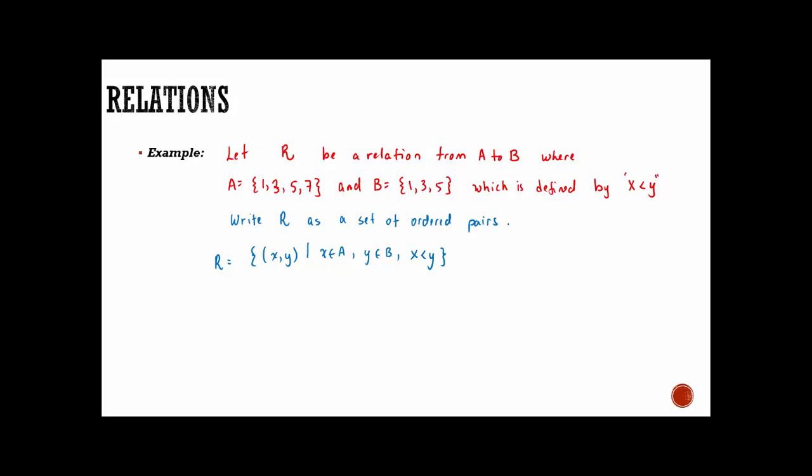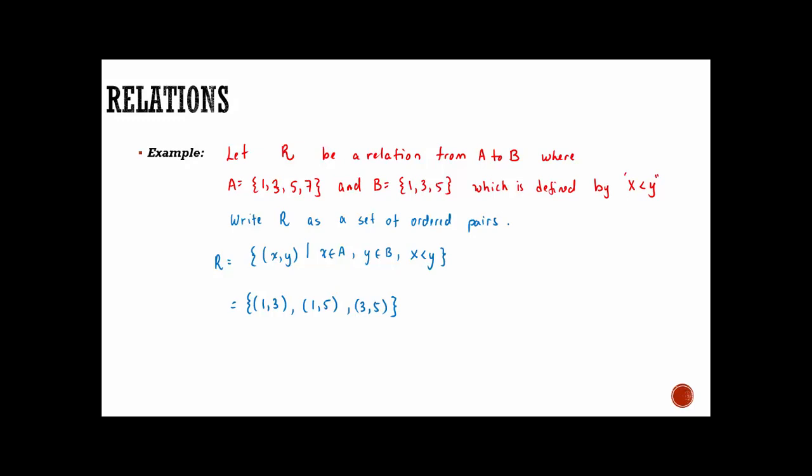So in this case, those combinations are the following. We have (1, 3). So I'm going to list that set as follows. We have (1, 5), and we have (3, 5). Okay? So again, you look at the elements of A. 1 is less than 3. 1 is less than 5.